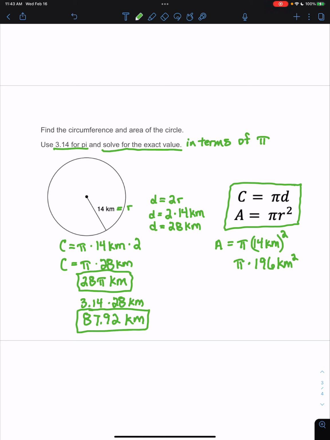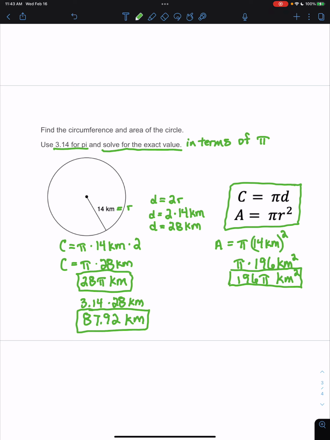So if I wanted to leave it in terms of pi, as we sometimes say, I would say 196 pi kilometers squared. So that's one way to say the answer.